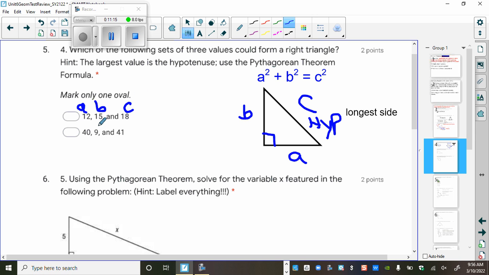And you have to do that for both of them. Now again, for that second option, 40, 9, 41, which one out of the three do we have to make C? 41. And then again, the 40 and the 9 can be in either order.